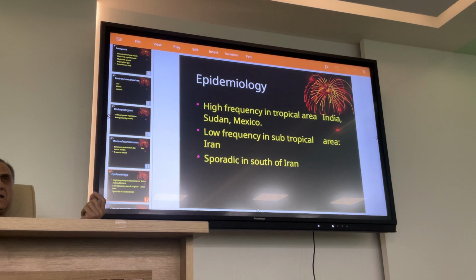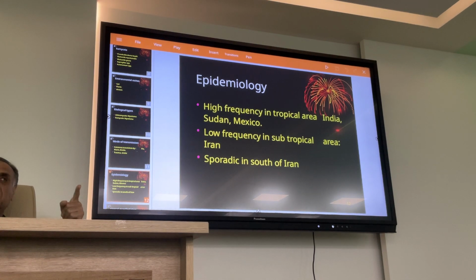Usually we find a high frequency of infection in males compared to females, because this infection is related to the job. Usually we find a high rate of infection in gardeners, farmers, and workers with soil.